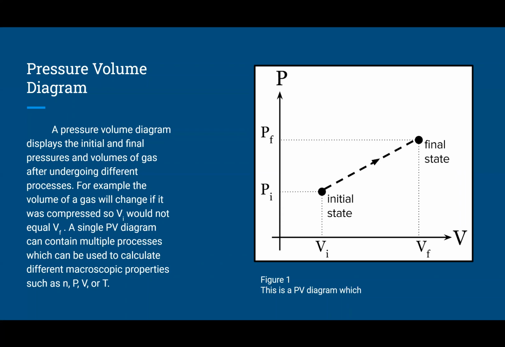And clearly we would use PV equals nRT. Another example could be that we're given the initial and final states of pressure and volume, but we need to find the temperature given the number of moles that the gas contains. It just depends on the type of problem that you're working with, and you go from there through manipulation.